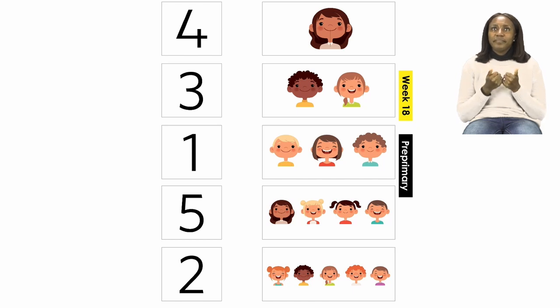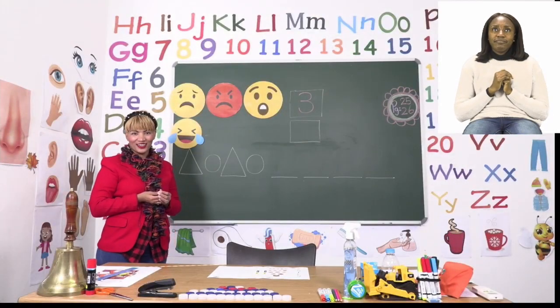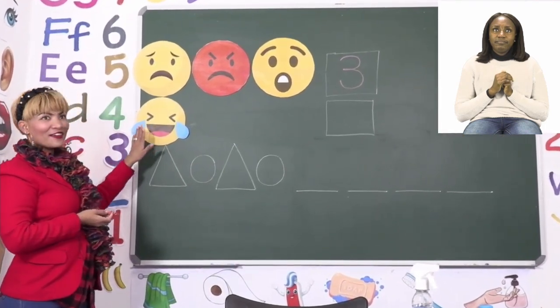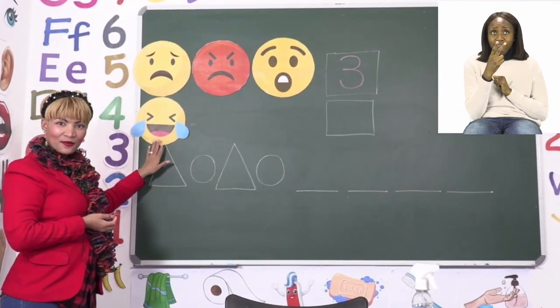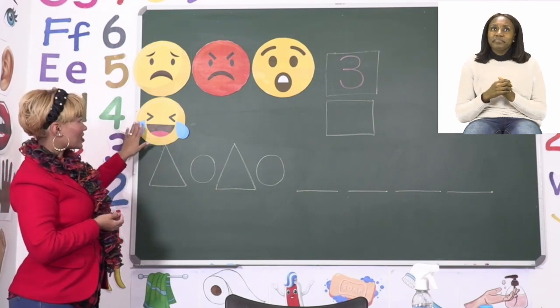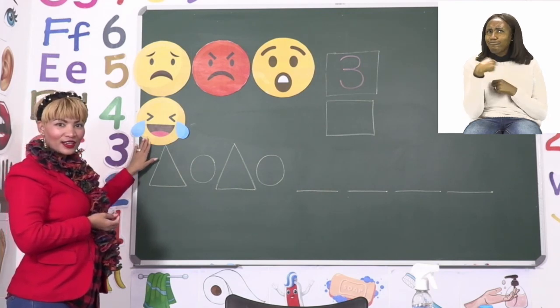Now, I am quickly going to show you on the board how we have to do matching. If you see here, you would see that I have added another picture. Right. So in this row, how many faces do I have here?